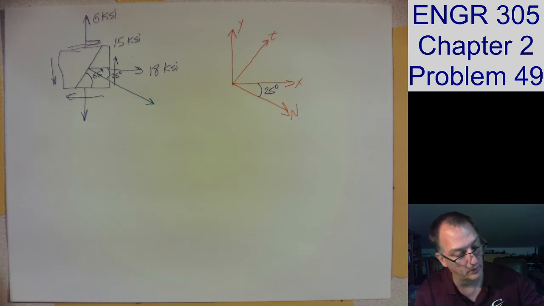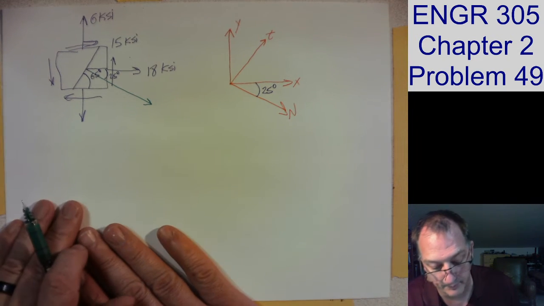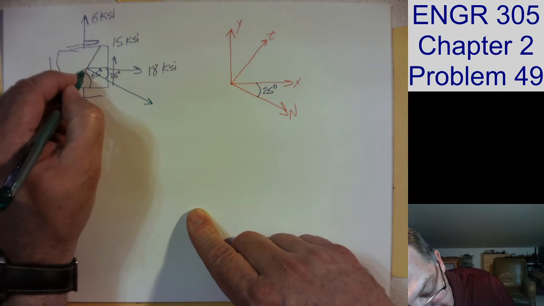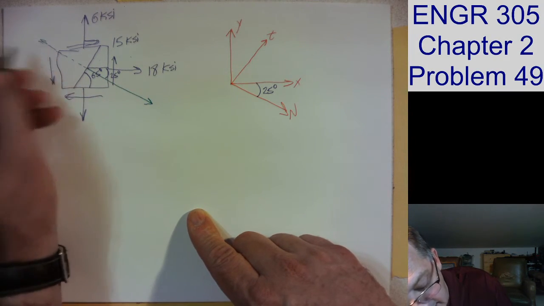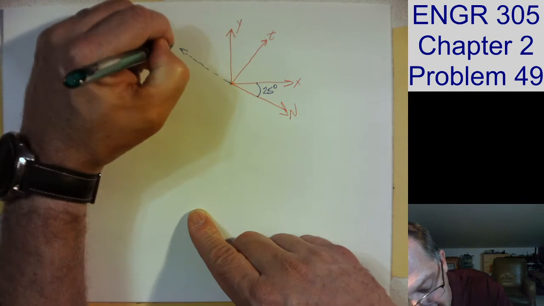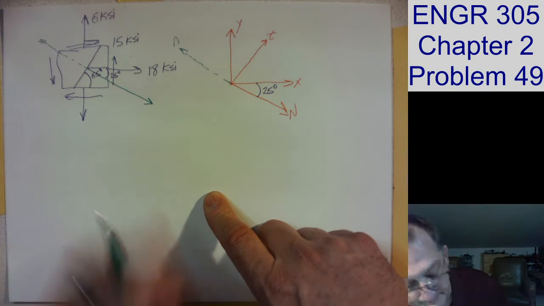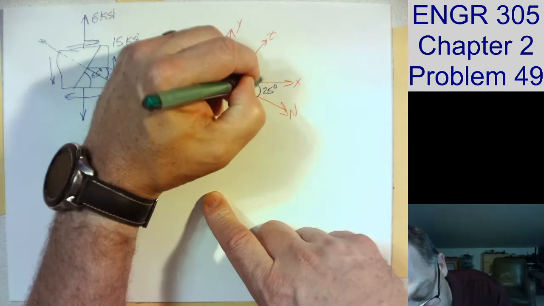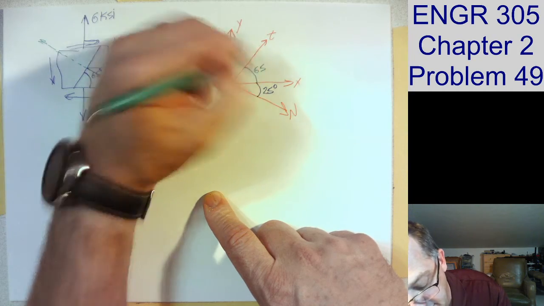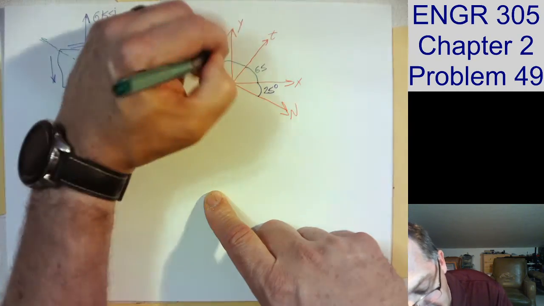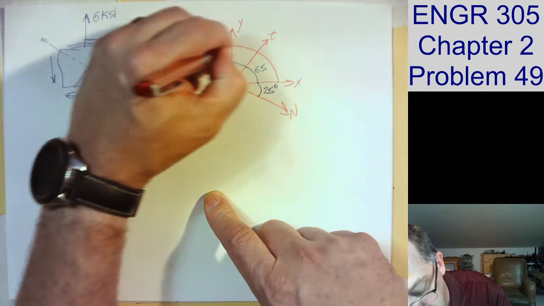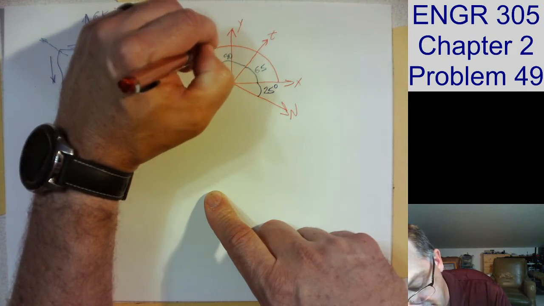I'm going to do one more thing on this problem since we're repeating this. There is another way to draw that, and that is we put this dotted line in here, and I can say that could also be n. I'm going to call it little n. And then this angle, remember this is 65 degrees, and that's 90, so that whole angle all the way around is 155 degrees.